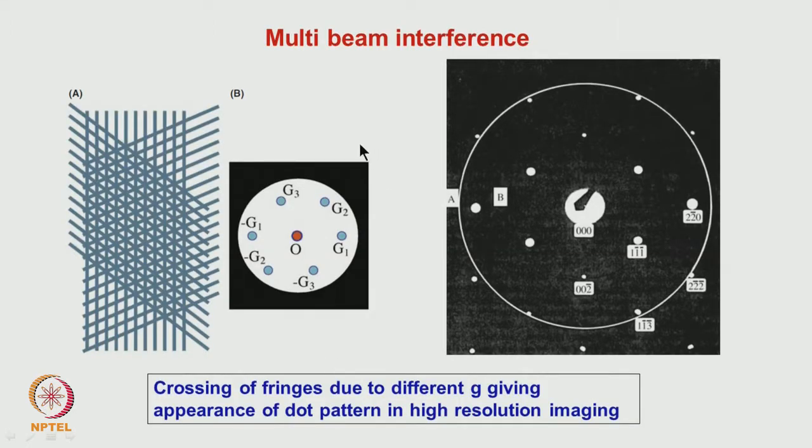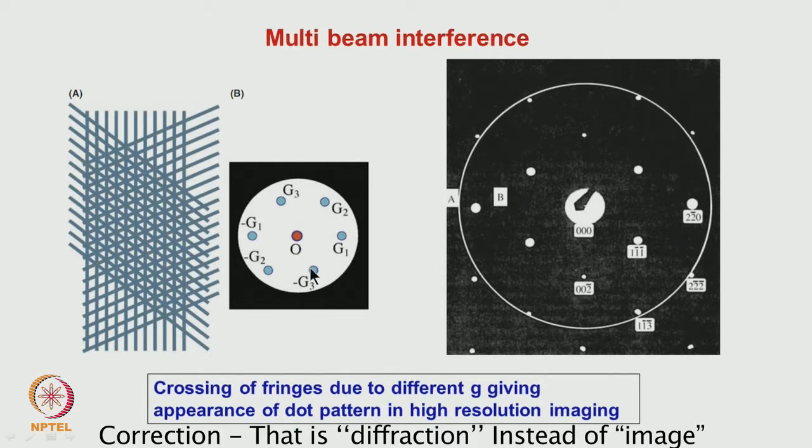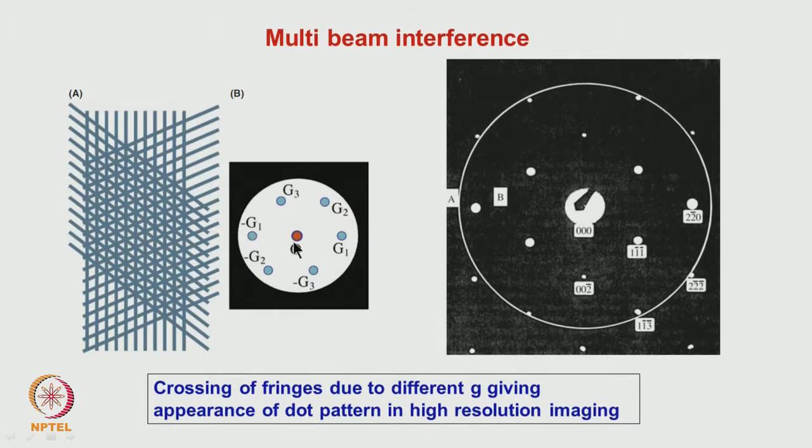Suppose we take many spots to form the diffraction. That is the case which is being considered here, due to G1, G2, G3. In such a case, perpendicular to this G vector we will get a fringe spacing, perpendicular to this G vector we get another fringe spacing, and corresponding to this particular one there is another fringe spacing.